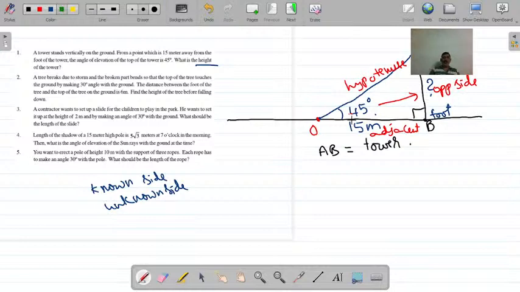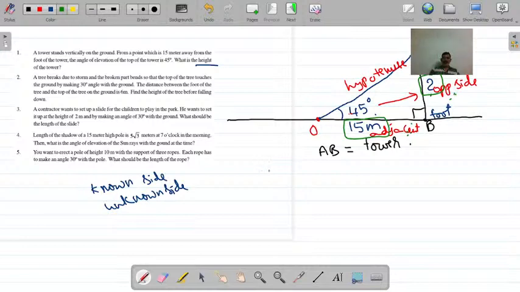This is the known value, this is the unknown value. So I have to select a trigonometric ratio which can connect these two. Of course we know that either tan or cot can be selected, because tan is opposite by adjacent and cot is adjacent by opposite. Any one of them can be taken. Okay, no problem. So we can select tan.